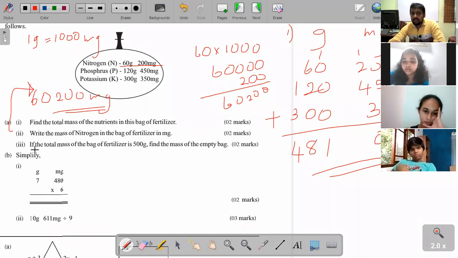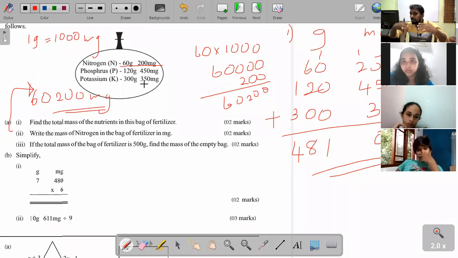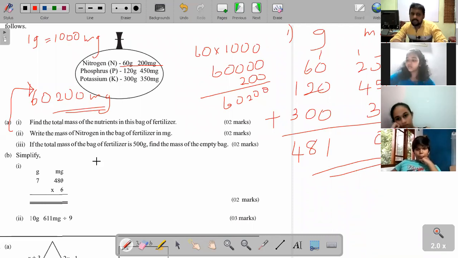The next part, if the total mass of the bag of fertilizer is 500 grams, right? Total mass means nitrogen, phosphorus, potassium mass, and also the mass of the empty bag. After packing, the total is 500. The bag has a mass, and the ingredients in it have a mass. The mass of the ingredients is 481 grams. The total mass is 500 grams. You have to find the mass of the polythene bag.